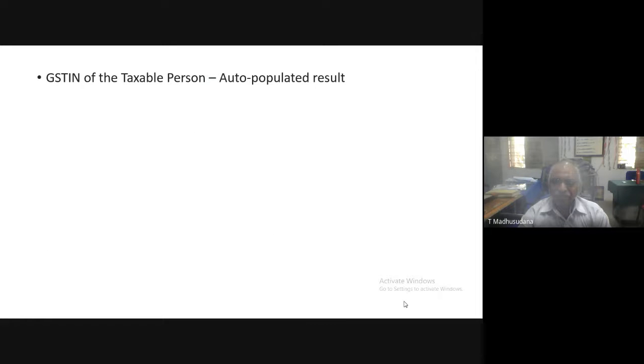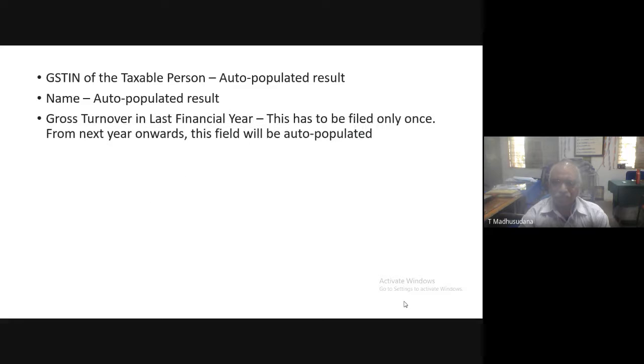These are the various items that appear in GSTR1. Number one is GSTIN of the taxable person. This is auto populated. If you enter into the GSTN, then automatically your number will be displayed. Name is also auto populated.